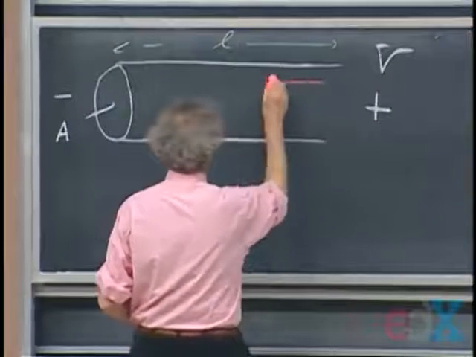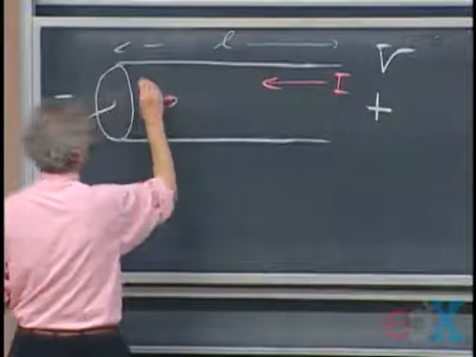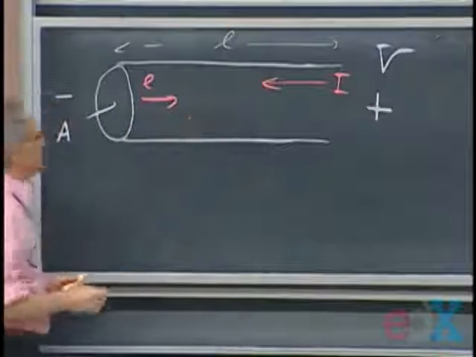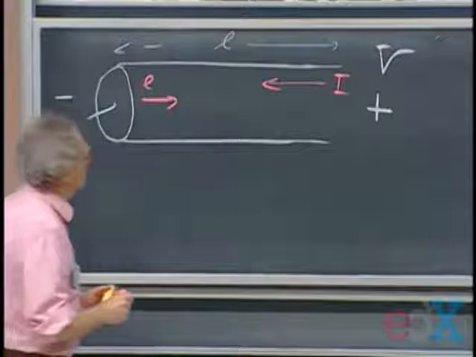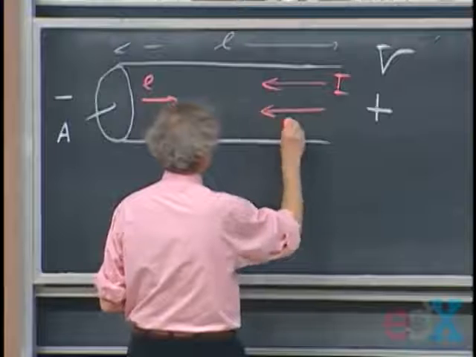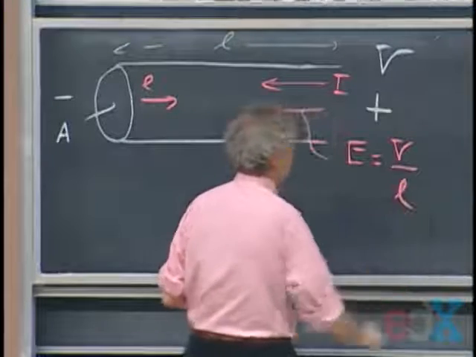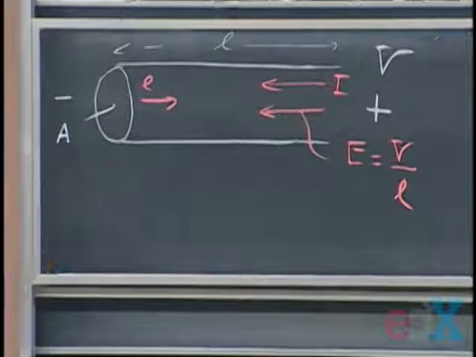That's our definition of current, going from plus to minus. The electrons, of course, are moving in this direction with the drift velocity. And so the electric field in here, which is in this direction, that electric field is approximately V divided by L, potential difference divided by distance.